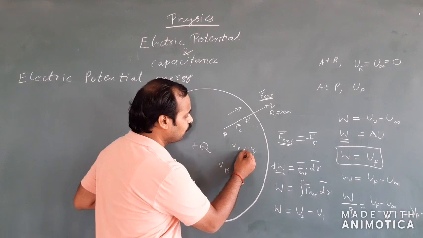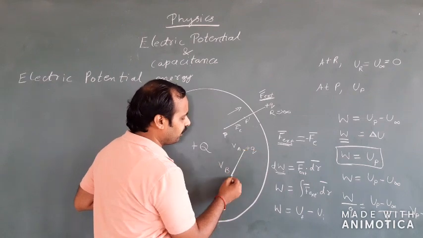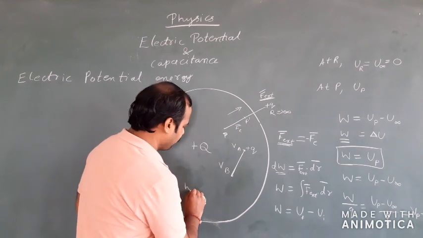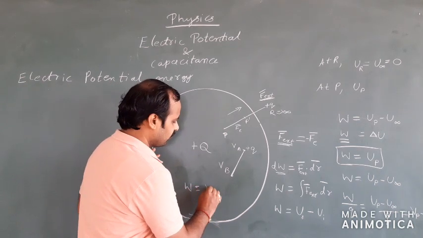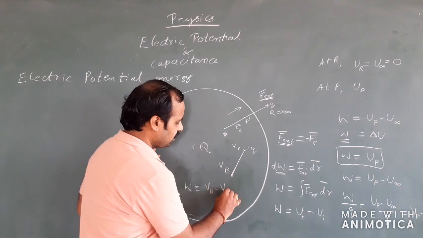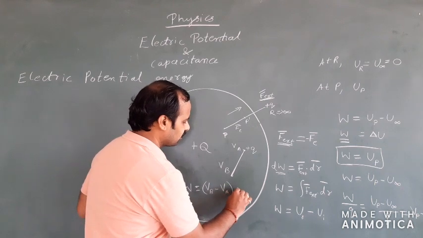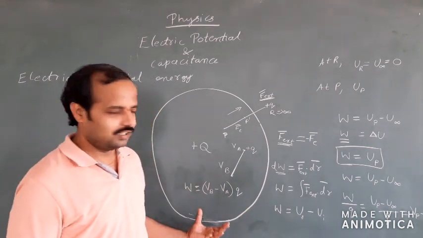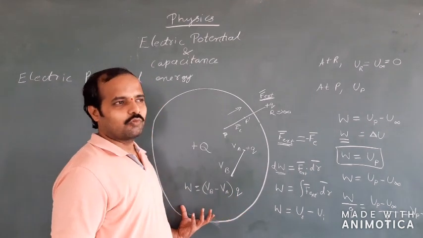That is, to move the point charge plus Q from point A to point B, the work done will be equal to VB minus VA times the charge moved, that is Q. So this is a very simple way of finding the work done.